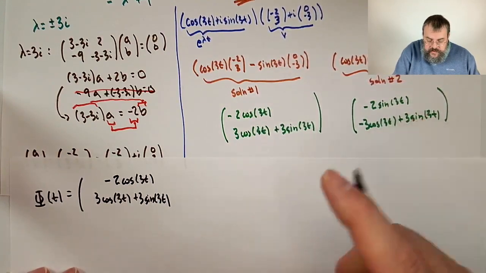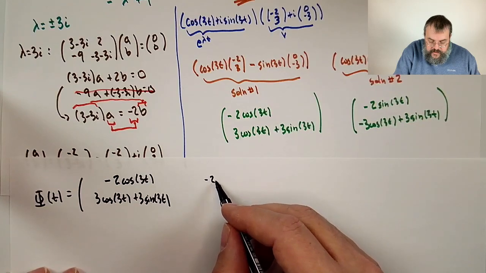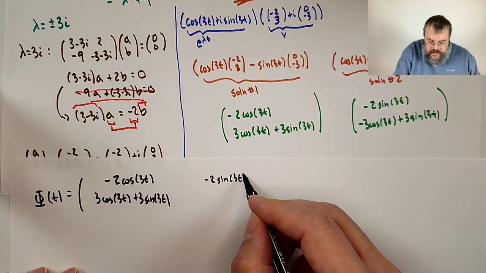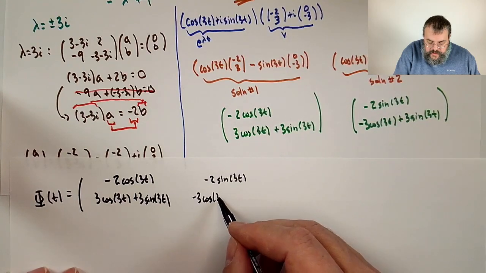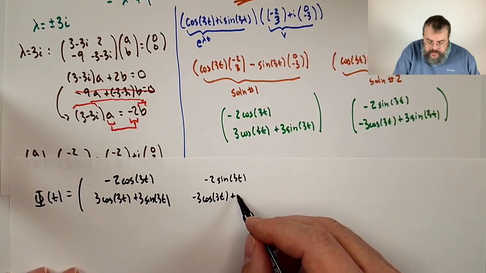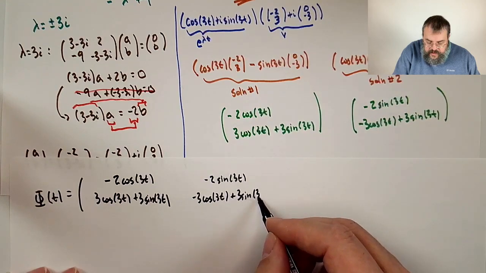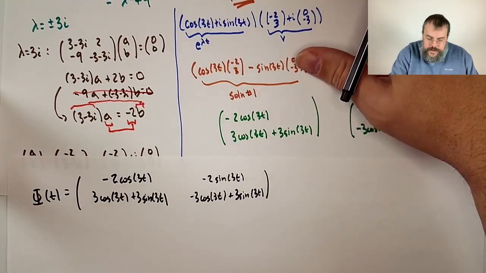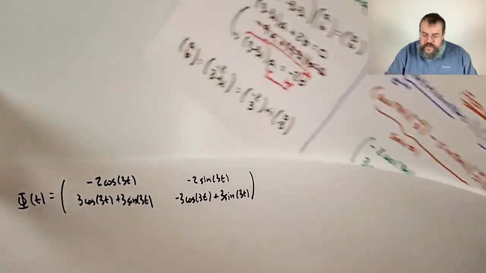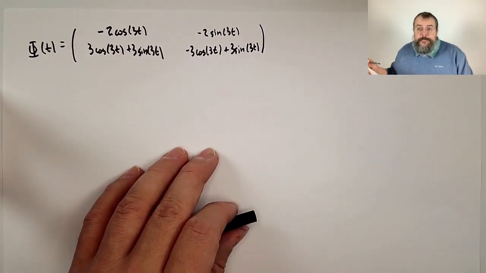And the second column is the second solution: minus 2 sine 3t, minus 3 cosine 3t plus 3 sine 3t. All right, good. We'll put this page to the side and come back to it when we need it.